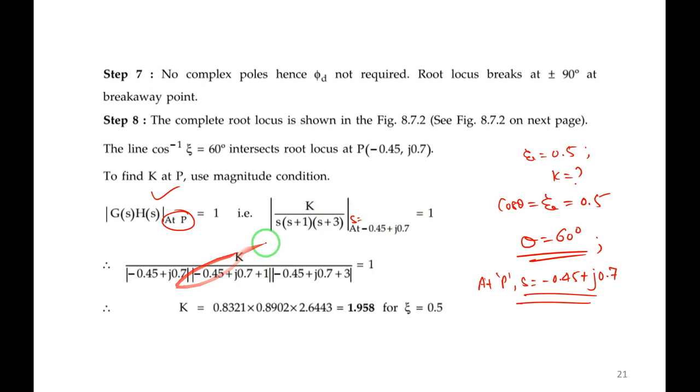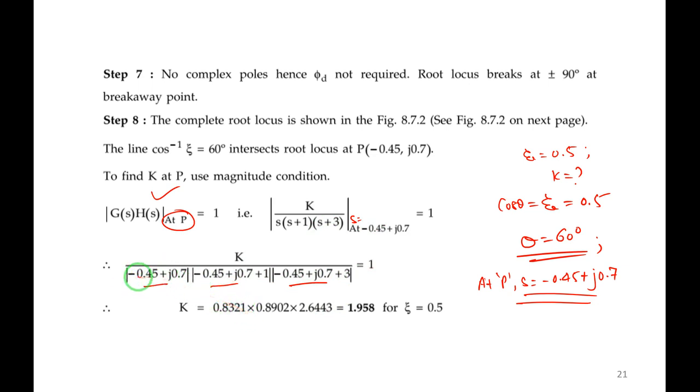So magnitude of k, magnitude of s, what is s? S is minus 0.45 plus j0.7. S plus 1, take the magnitude; s plus 3, here it is 0.45 plus 3. So you multiply the magnitudes.